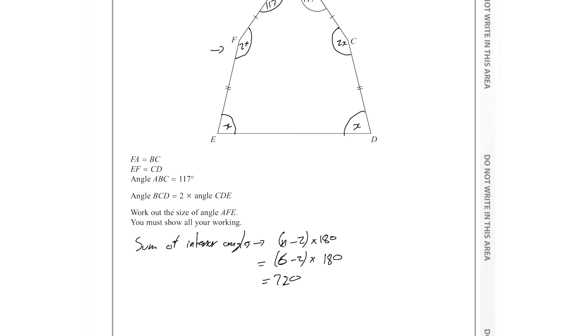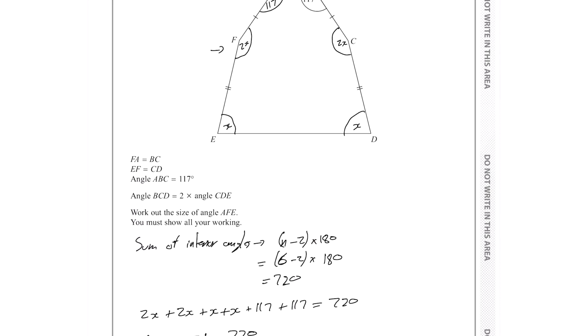So now we can say that all the angles inside, so let's add them up, 2x plus 2x plus x plus x plus 117 plus 117 are equal to 720. If I collect like terms together, I get 6x plus 234 is equal to 720.